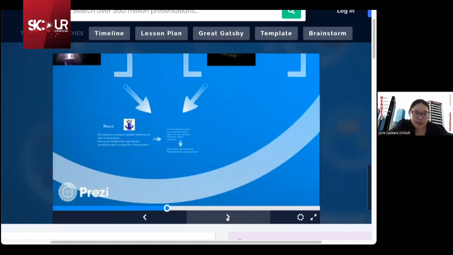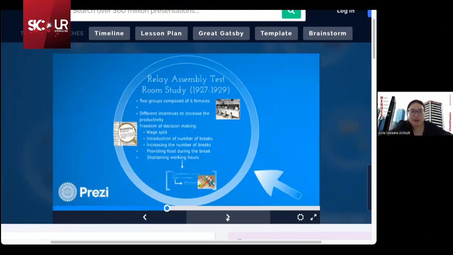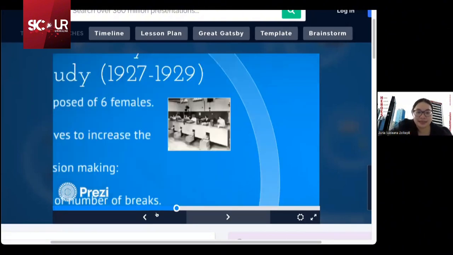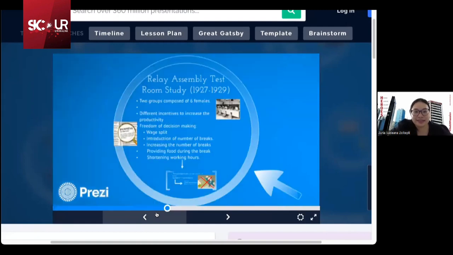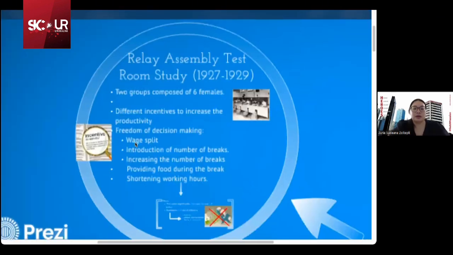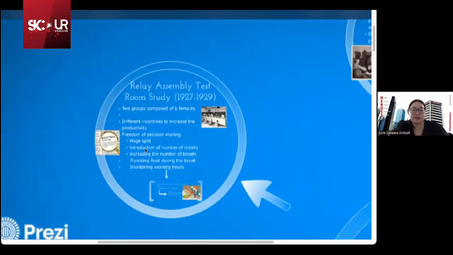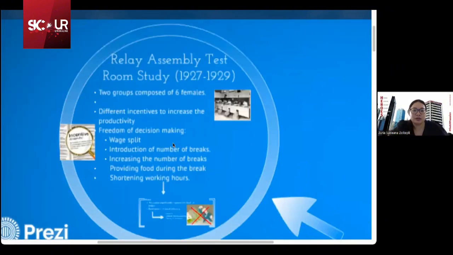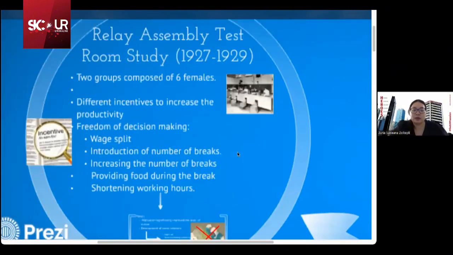Okay, so they did another experiment which they call the relay assembly test room study. Again, they separated people into 2 groups, of 6 females. This one was about the work environment, and they played around with several variables, as you can see: wage split, and the introduction of the number of breaks. The first group stayed constant, everything the same.